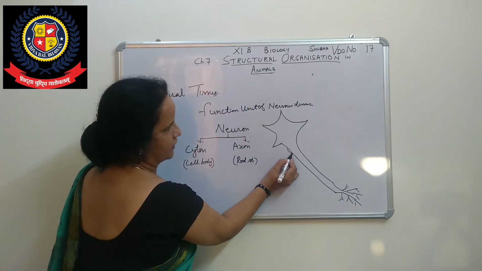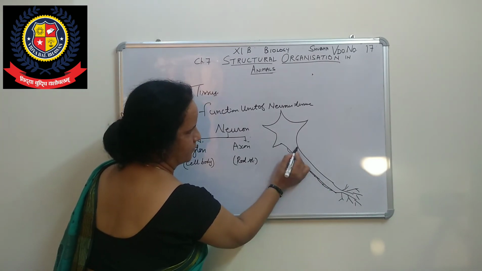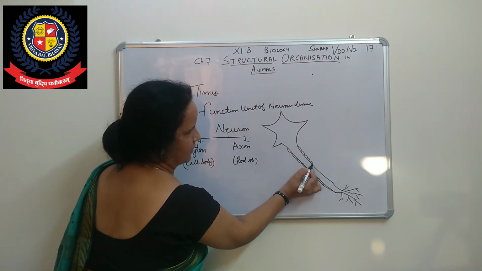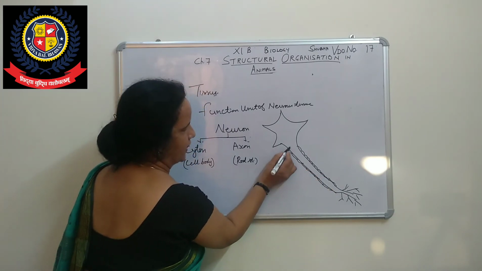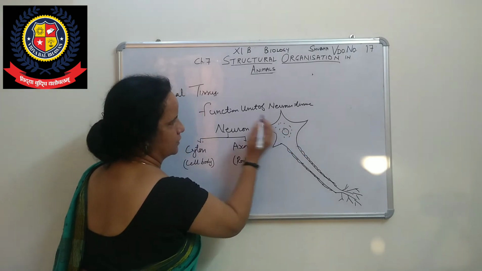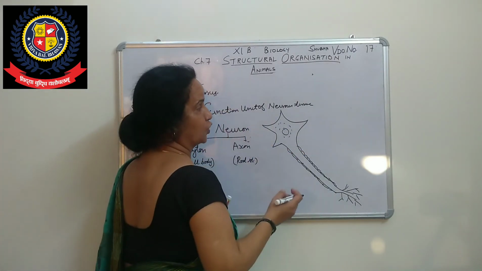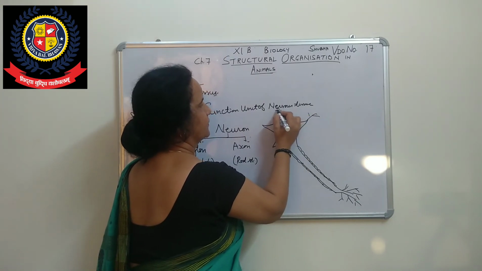It also has a covering. We will tell you in that chapter what the function of this covering is. That is a nucleus. Neuroplasm, that is cytoplasm, which is called neuroplasm here. Now these are dendrites.